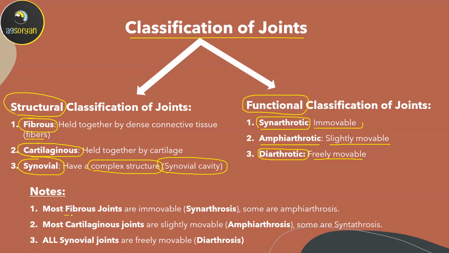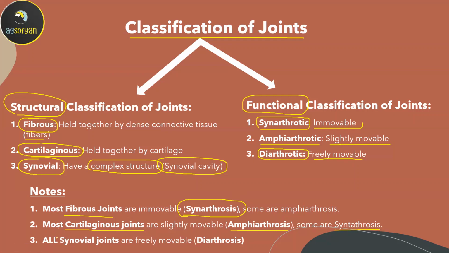Mostly the fibrous joints are synarthrosis. Okay, so most of the fibrous joints are immovable joints. Most of the cartilaginous joints are amphiarthrosis, so they give a slight movement. Some are synarthrosis, unable to move.